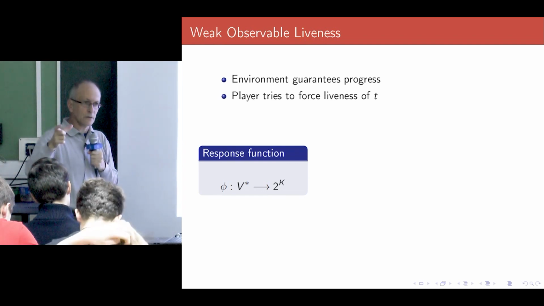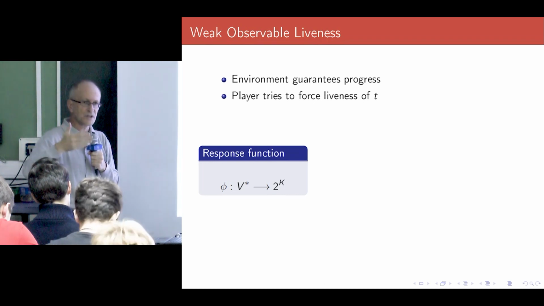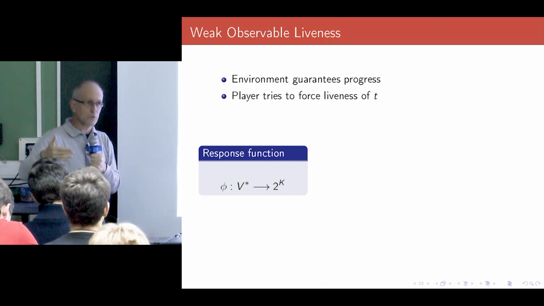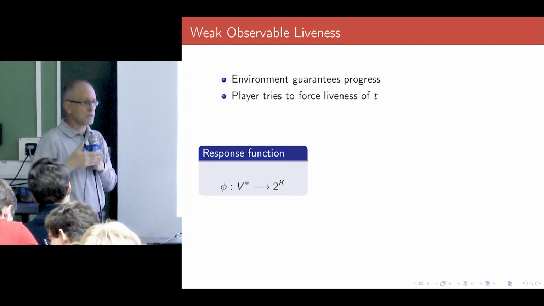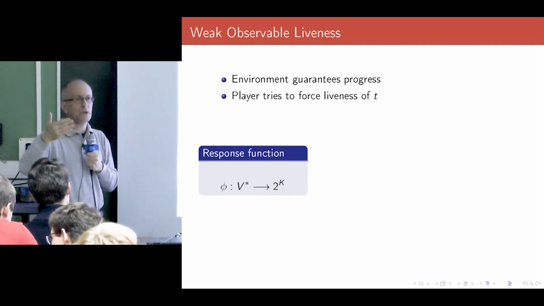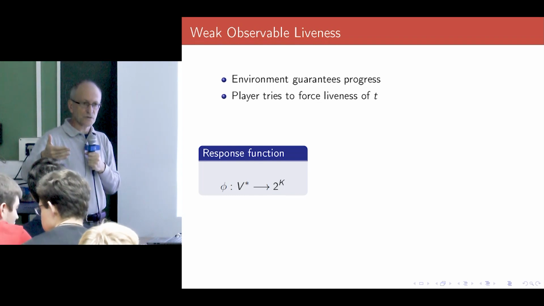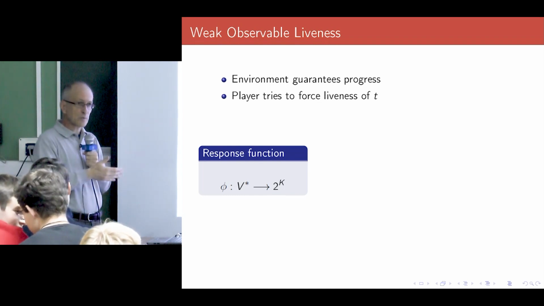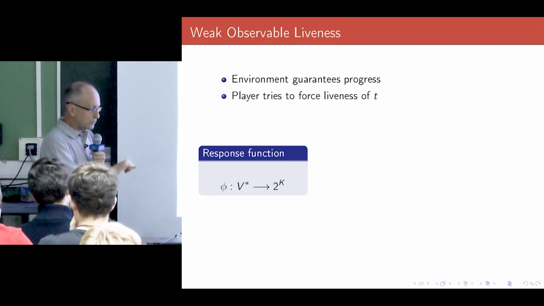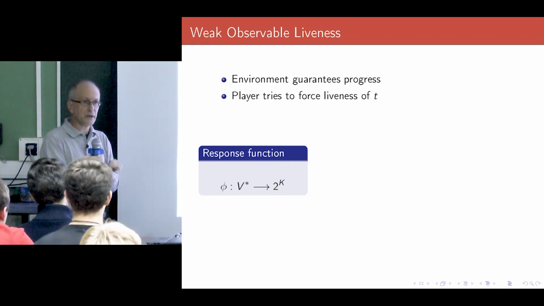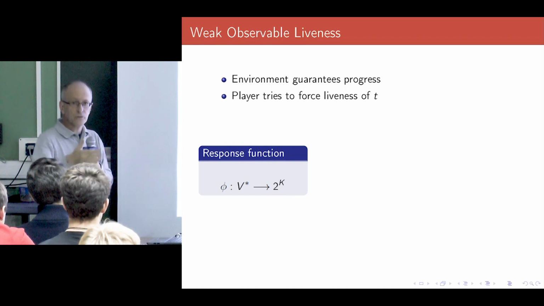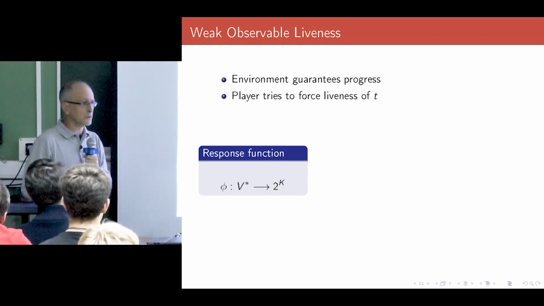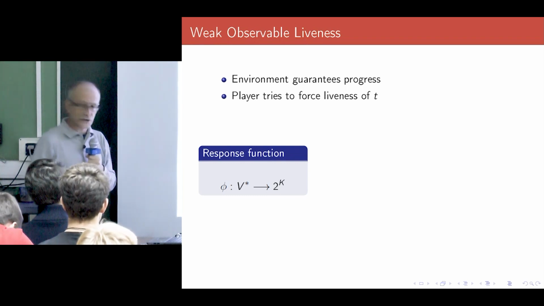This means all the possible sequences of symbols taken in the set V, which means a sequence of observable transitions. So this response function, on the basis of what the player has observed so far, will decide to take some specific controllable transition.